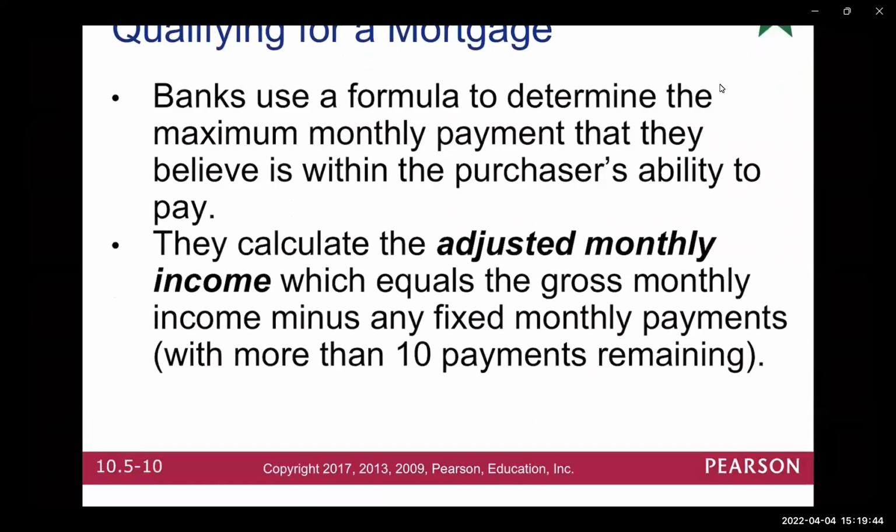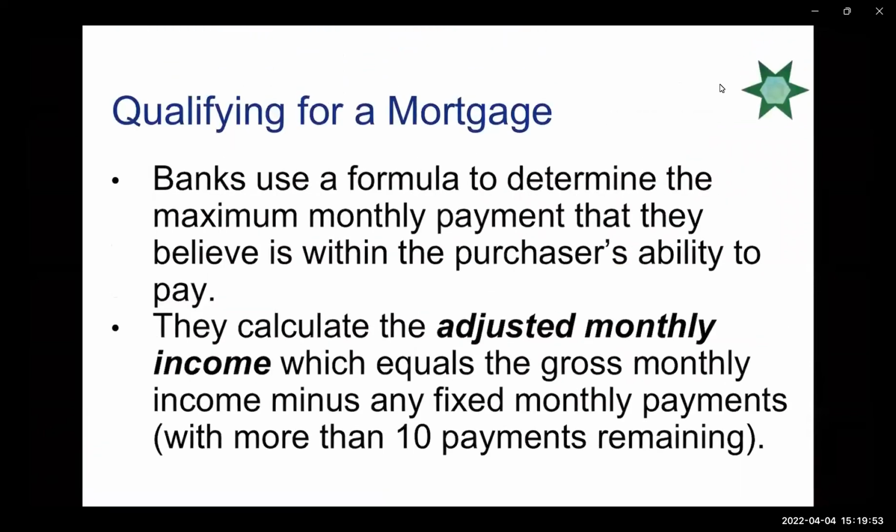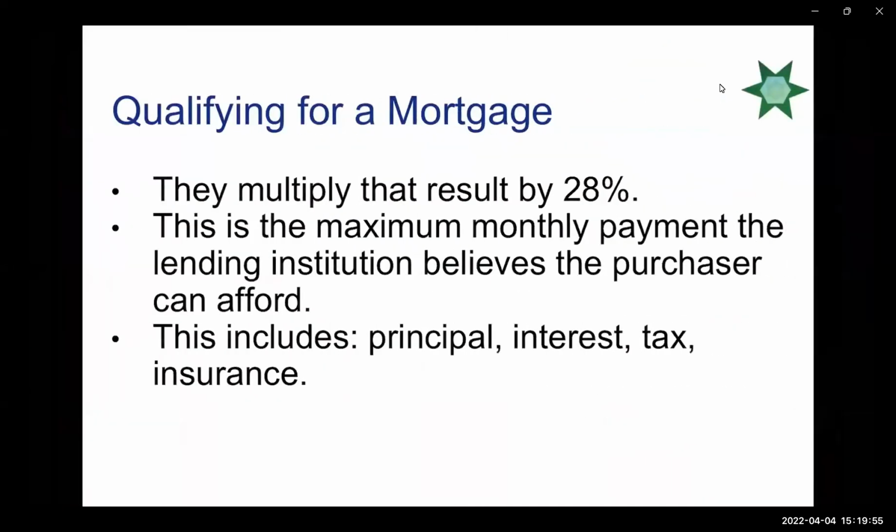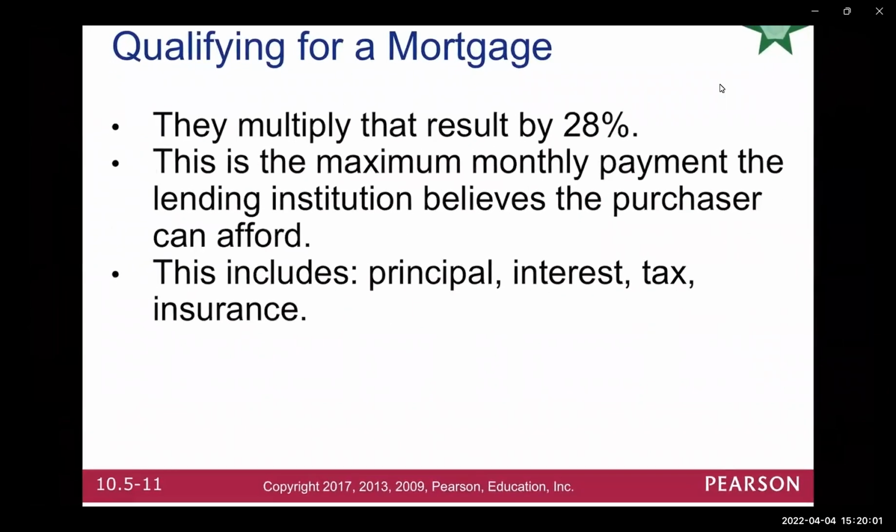And then they calculate the adjusted monthly income, which equals the gross monthly income minus any fixed monthly payment. They multiply that result by 28%. That is the maximum monthly payment the lending institution believes the purchaser can afford. This includes principal, interest, tax, and insurance.